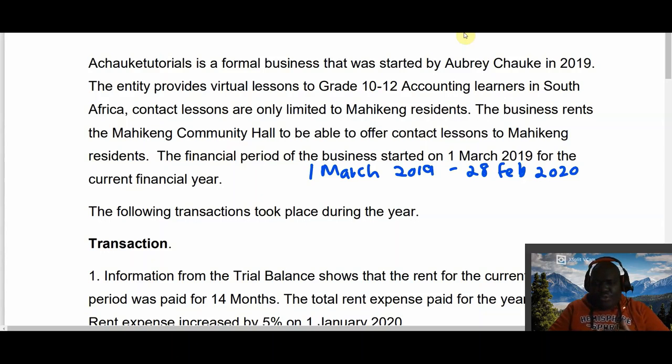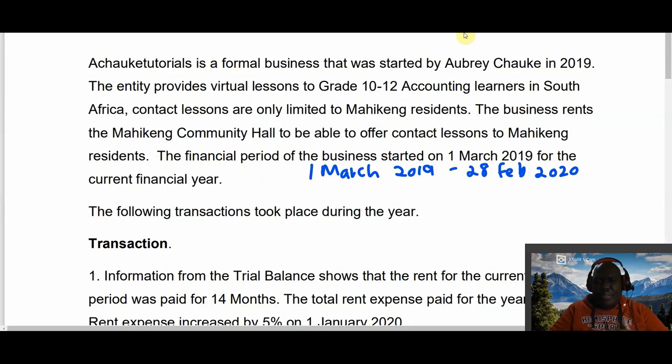Now, another thing that we must also try to do is to understand the type of business that we are dealing with. In this case, we are dealing with HRK Tutorials, which offers virtual accounting tutorials as well as contact lessons. And what we know is that contact lessons are only offered to the residents of Mahikeng at Mahikeng Community Hall.